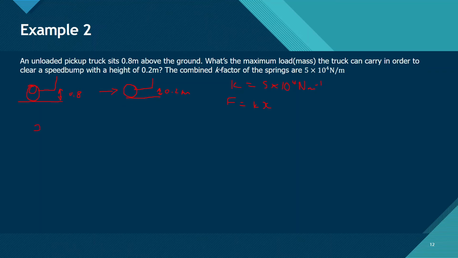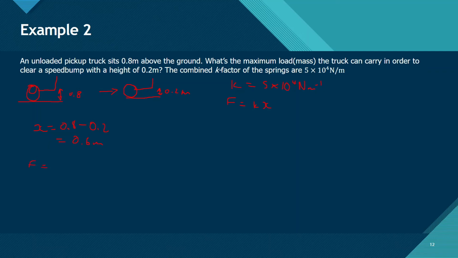X is equal to 0.8 minus 0.2, and that gives us 0.6. So the overall truck is going to squat by 0.6 meters.